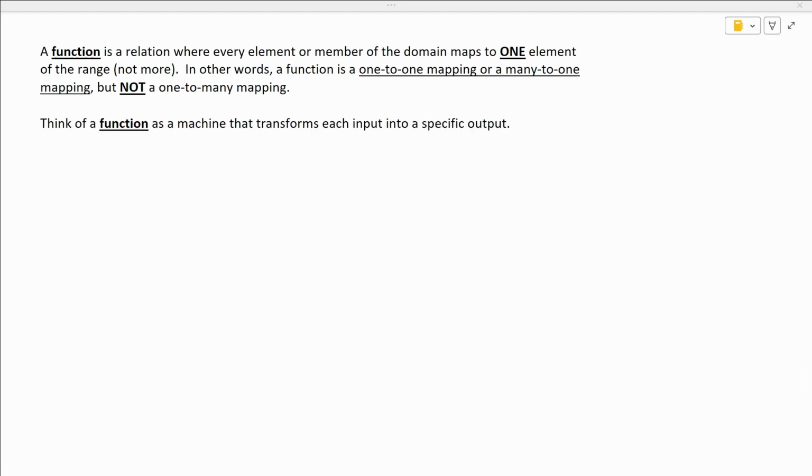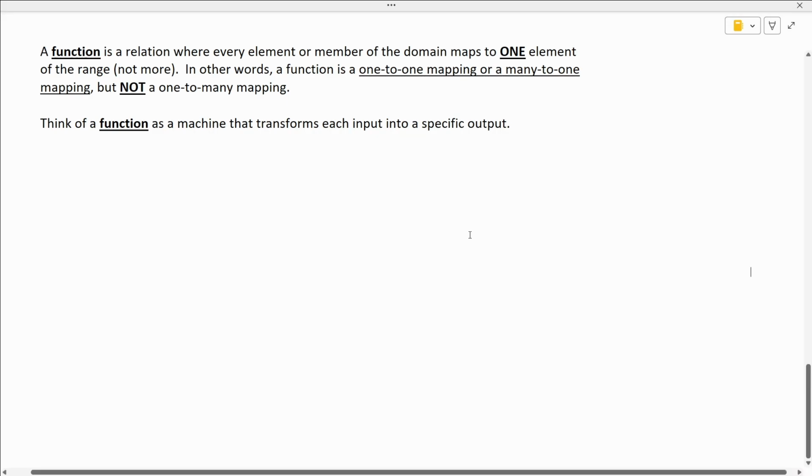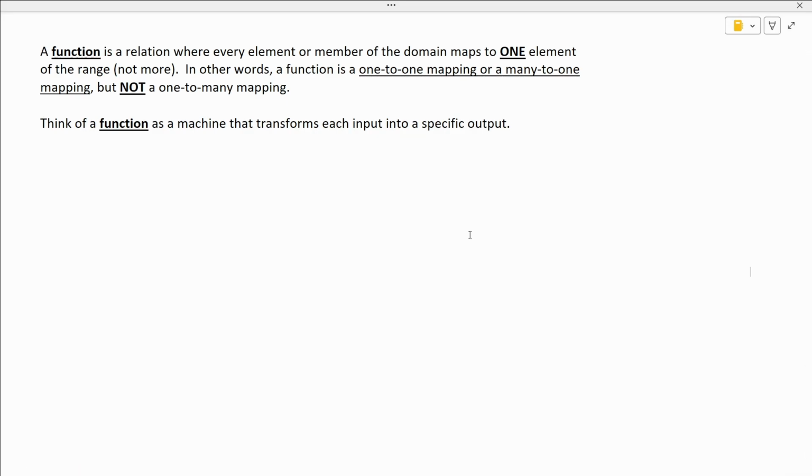We can think of a function as kind of like a machine that transforms each input into a specific output. So every time that machine receives a specific input, say a 5, it will always transform that 5 into a specific output, say a 25.